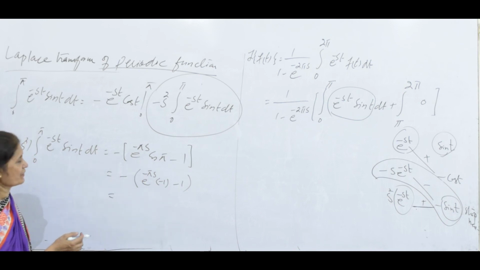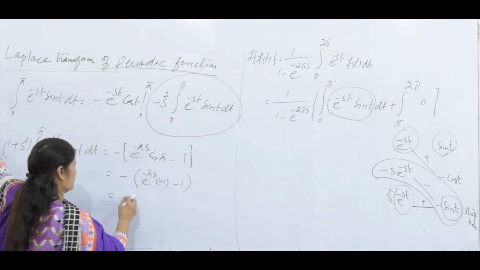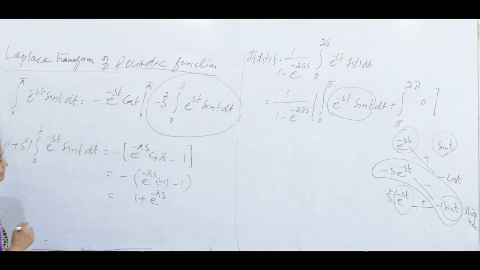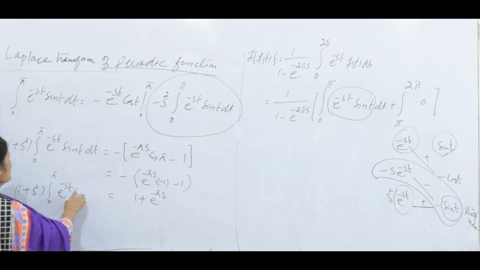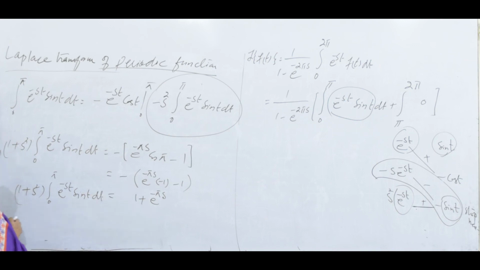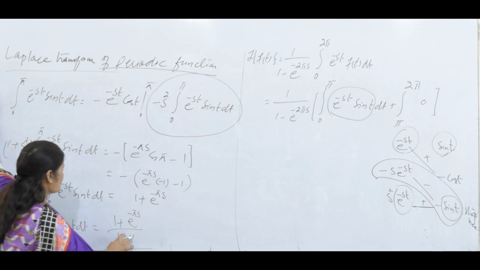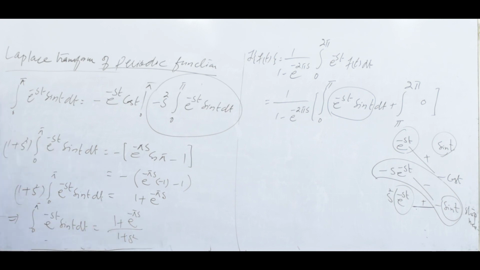Cos pi is minus 1, so let me multiply with minus: this is 1 plus e to the minus pi s. So 1 plus s squared times the integral from 0 to pi of e to the minus st sin t dt is equal to this. This implies the integral from 0 to pi of e to the minus st sin t dt is equal to 1 plus e to the minus pi s over 1 plus s squared, because 1 plus s squared is dividing on both sides.